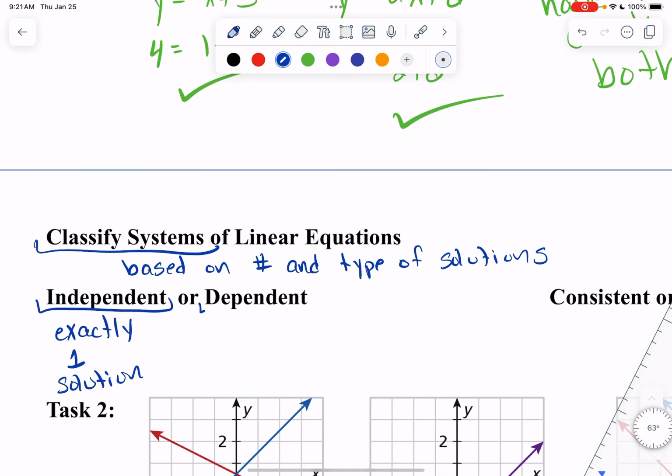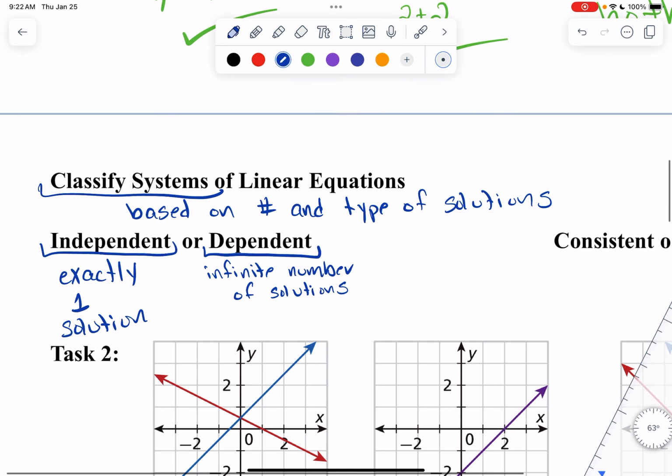Whereas a dependent system has an infinite number of solutions, meaning there's an infinite number of solutions that will work. So how does something have an infinite number of solutions? If they are in fact the same equation.